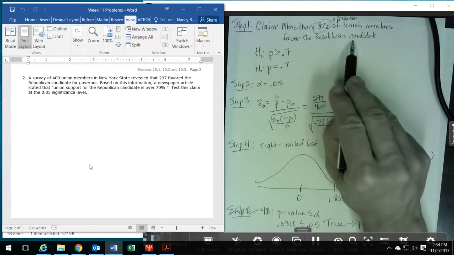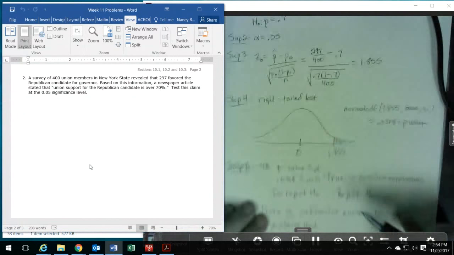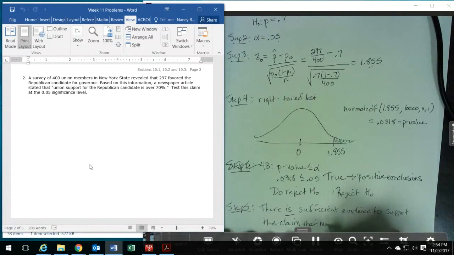I'm just going to rewrite this just like it is. So support the claim that more than 70% of union members favor the Republican candidate.